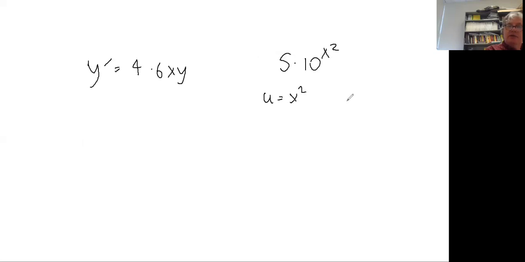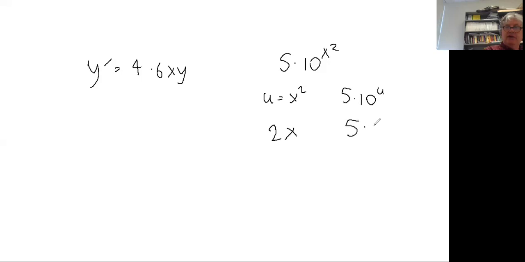Only marginally harder, we get y prime equals 4.6xy. We said try y equals 5 times 10 to the x squared. Well, we let u equal x squared, and the function 5 times 10 to the u. The derivative is 2x.